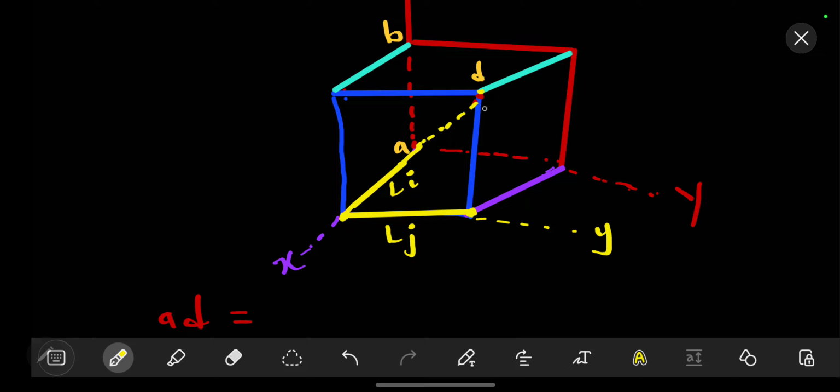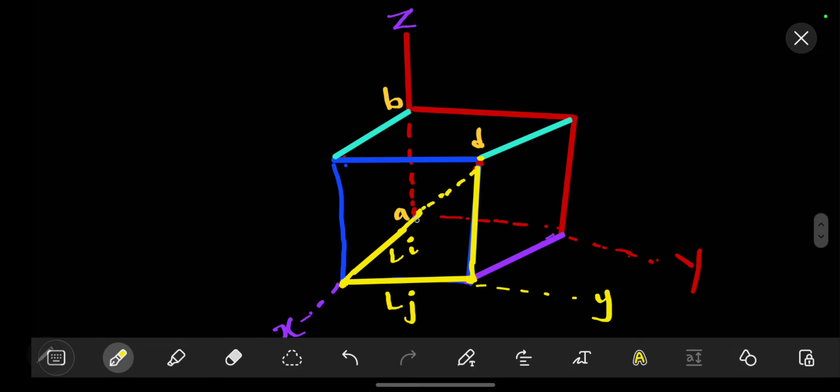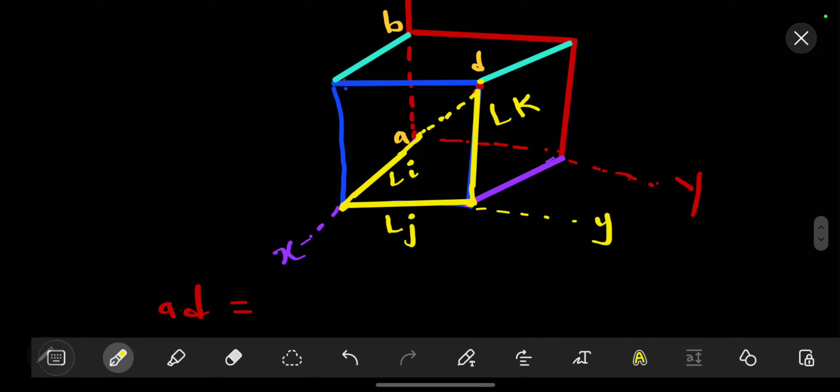All you want is to reach D. So you can now move from here up to D, like that. So this one will be, since it is in the Z, as you can see, if this is Z going up, even this one will be your Z. So Z is associated with the K, so it will be LK. Now this means that for you to move from A to D, it will be LI plus your LK plus your LJ.